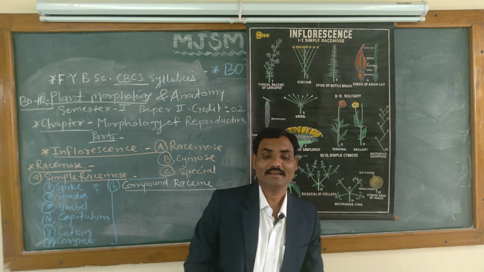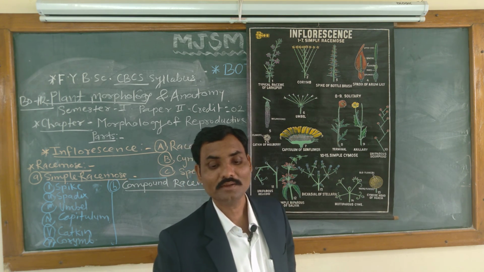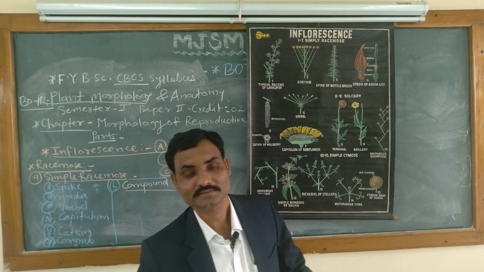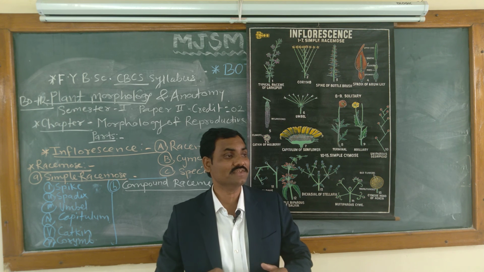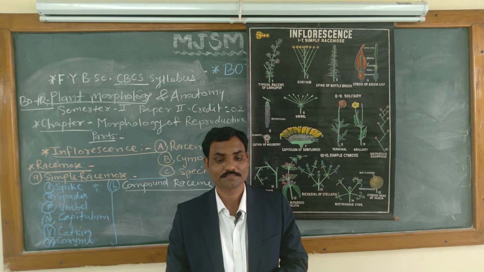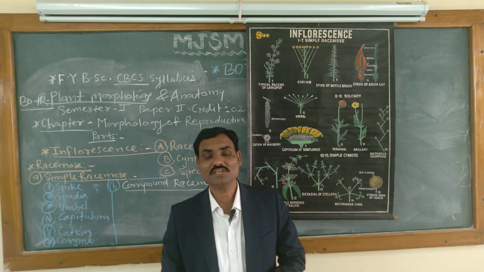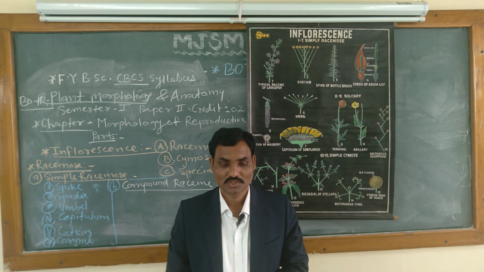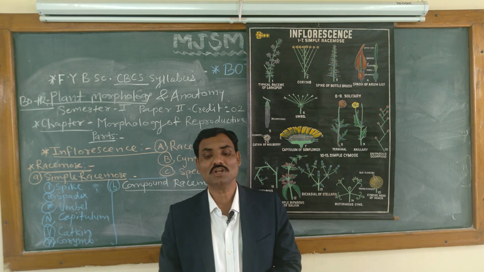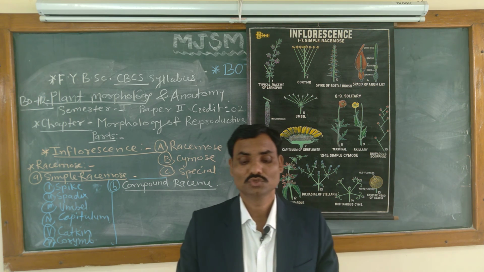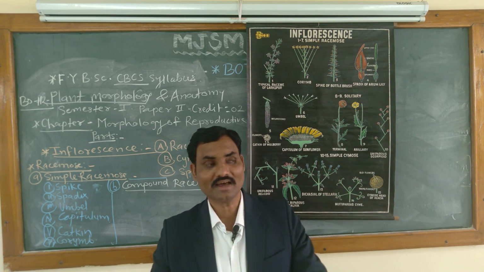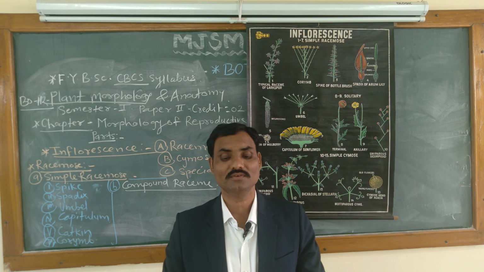And the last inflorescence is the corymb type of inflorescence. What about corymb inflorescence? Which are the different characteristic features of corymb inflorescence? The main axis is short. Lower flowers have much longer pedicels than the upper ones, so that all the flowers are brought more or less to the same level.